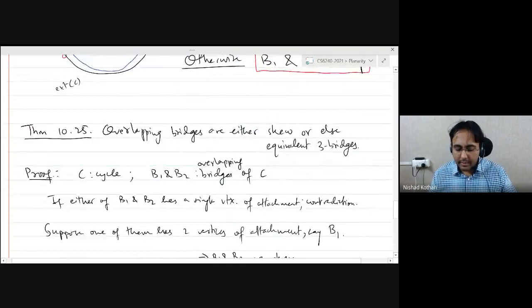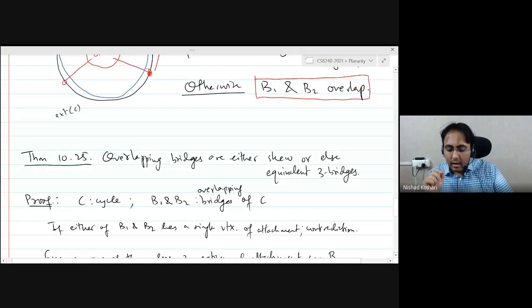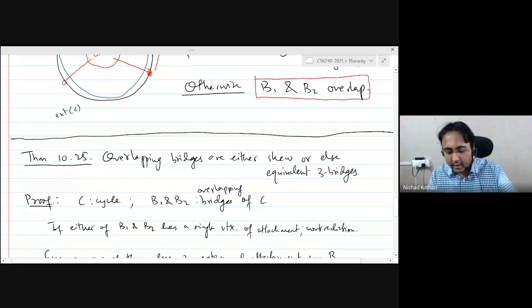Right? So this theorem tells you exactly the two possibilities in which your two bridges can be overlapping. Right? And what it really does, it helps in reducing the number of cases. When you have to prove something, you have just two possibilities, either the two bridges are skew or they're equivalent three bridges.